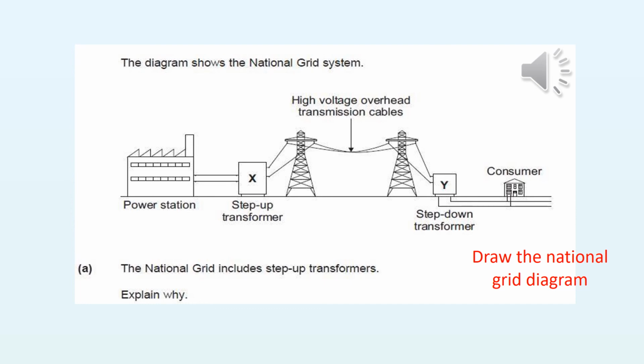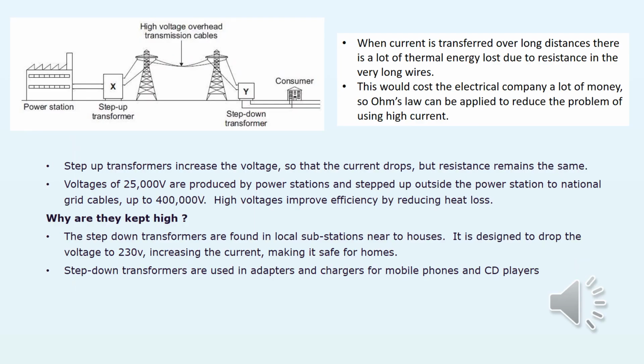I want you to sketch this diagram in your books, and I will give you some more information on why we step up and step down the electricity. Then add a little note from this information to your diagram, just to add a bit of clarity.